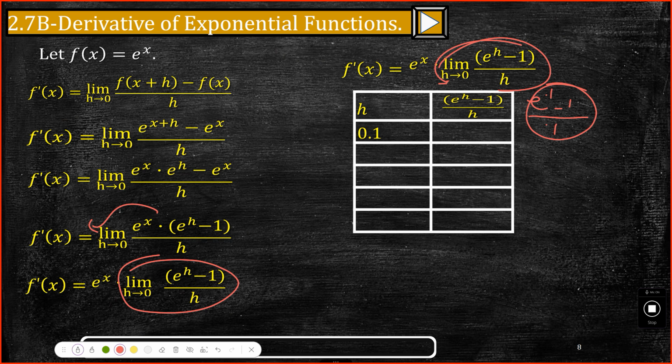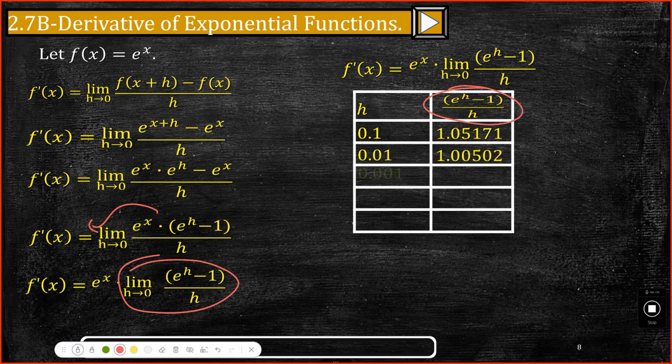You put this in a calculator, and that gives you back what I just got here. You can verify by using this calculator. It gives you that. And if you use 0.01, put that into the function for every h and evaluate it, it's going to give you this number.